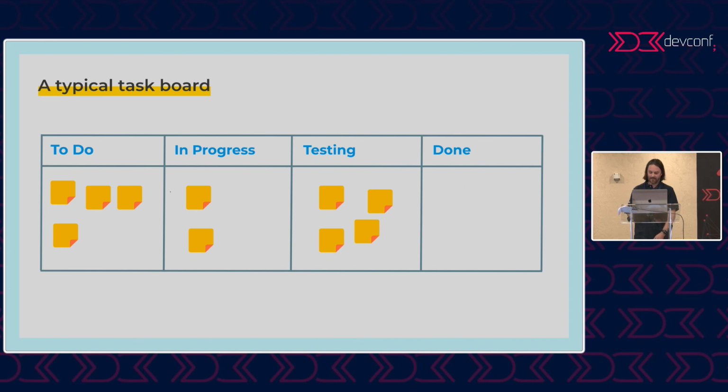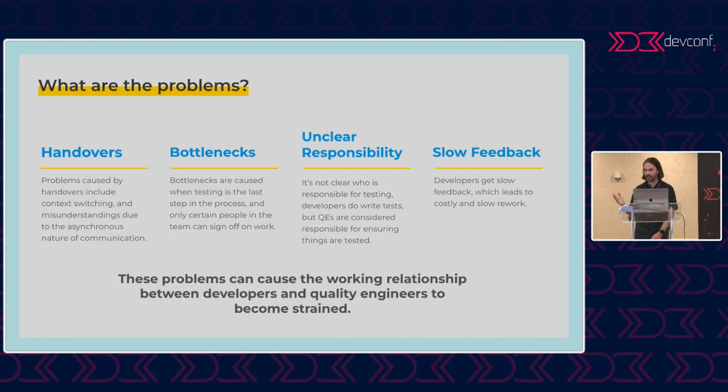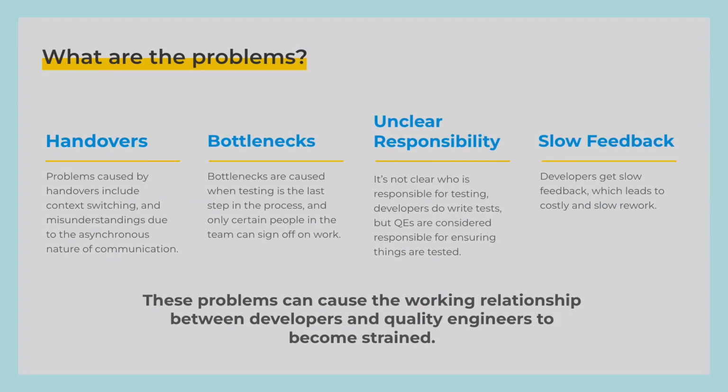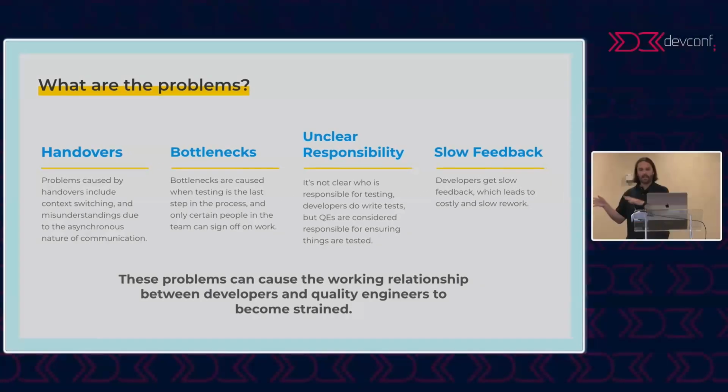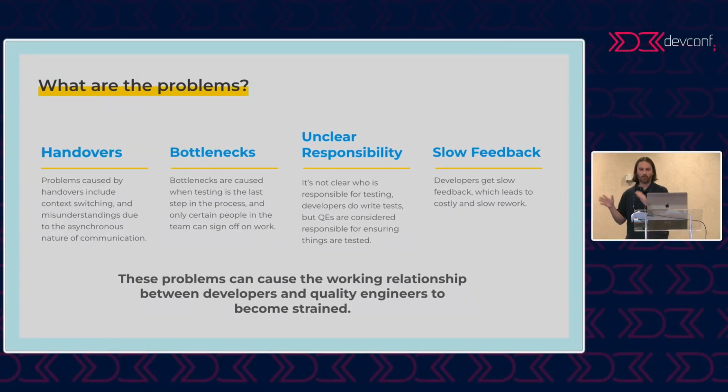Okay, so what are the problems with this? The main ones are listed here. First one being handovers. What often happens working in this way is that the developer starts working on something. When they're done, they put it into testing. While the testing's happening, they'll pick up a new task and start working on that.